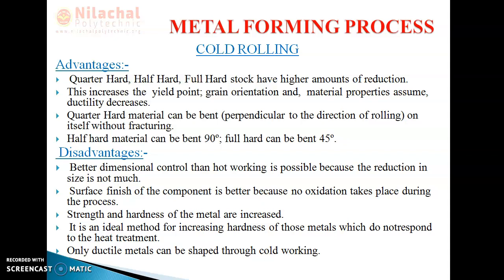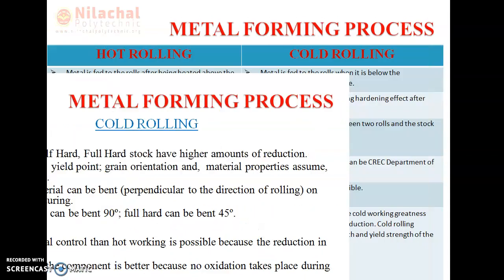Now in this slide there is a little bit of a DTP mistake. Here the advantages you have to consider it because on the advantages side it is written as disadvantages, and in the disadvantages it is the advantages. So try to understand these things because already you know about that. So these are the advantages and disadvantages of the cold working process.